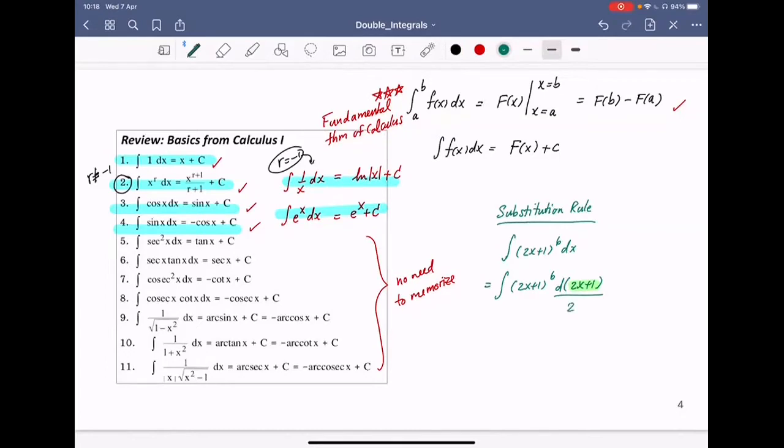Does it make sense? This is comparable to what I just did before, u to the 6 du over 2. The same thing, but I just do it one step quicker. I just say that u is equal to 2x plus 1, skip the step of writing everything, and compress it to a short notation like that.